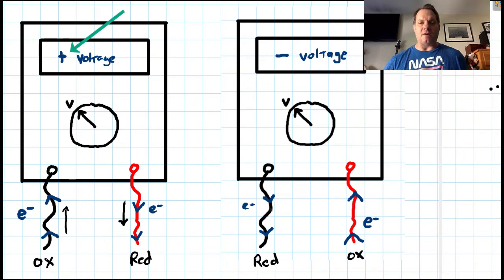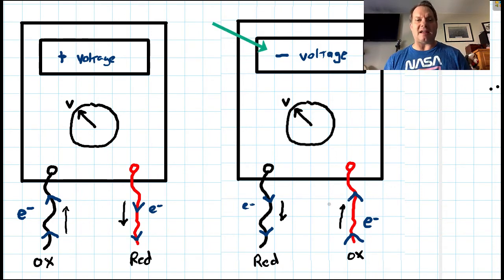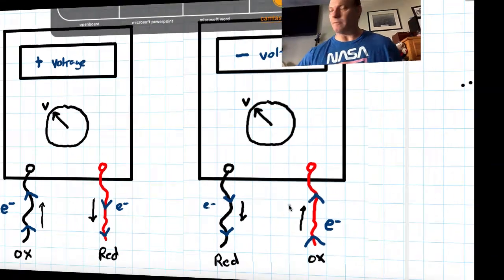If, however, the electrons are flowing in the opposite direction, coming from the black to something undergoing reduction and away from the thing attached to the red one undergoing an oxidation, this will show up as a negative voltage. So red wire to a reduction, that's a positive voltage. If what's attached to the red lead is undergoing oxidation, it will show up as a negative voltage.